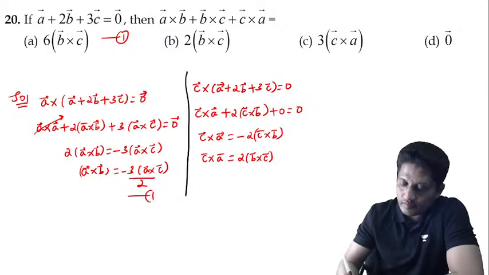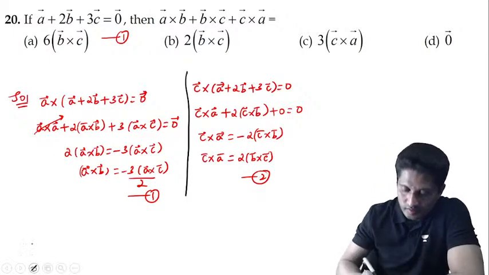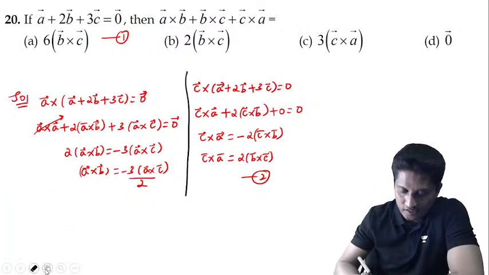Right, now you call equation 1, call this is equation 2. Now if I substitute this minus of C cross A, if I interchange, this minus will become plus.